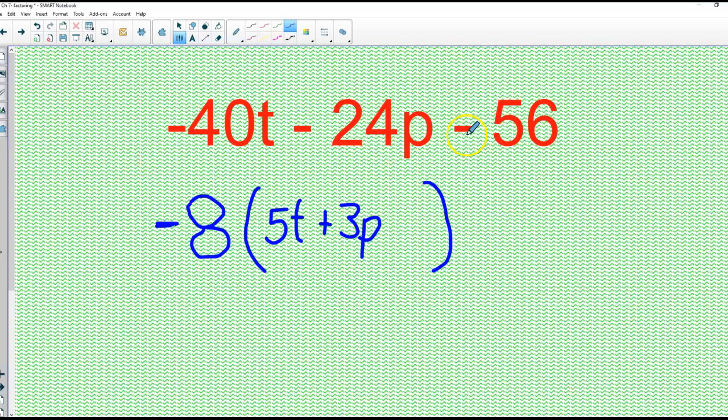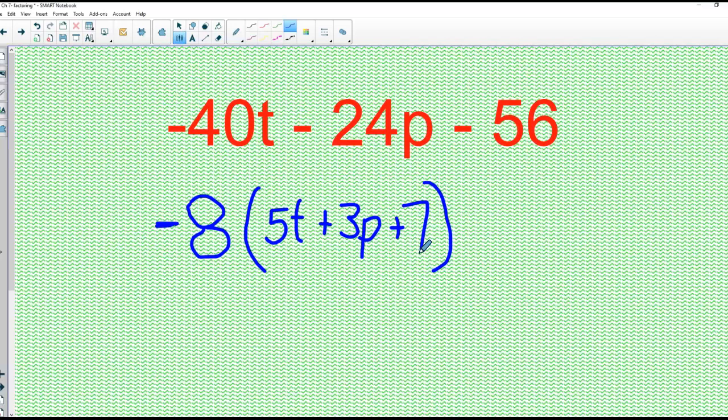And then the last one, again, negative divided by negative is going to give me a positive 7. So this was one that we could pull out a negative because all of your terms were negative. Okay, and if we look at our numbers, 5, 3, and 7, nothing else goes into them. We have pulled out the biggest ones.